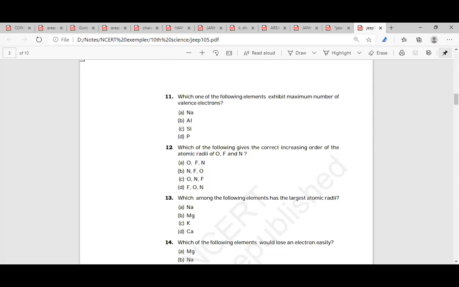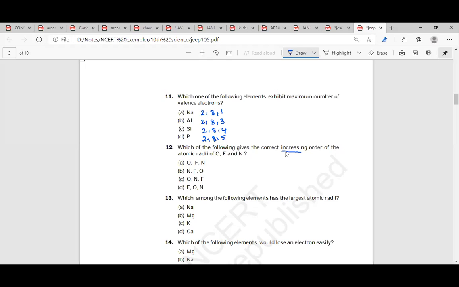Phosphorus and sodium. Sodium is 2, 8, 1. Aluminium is 2, 8, 3. Phosphorus is 2, 8, 5. Phosphorus.